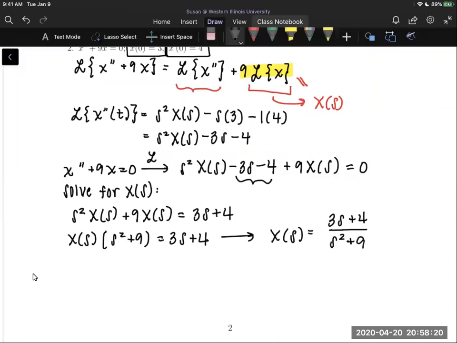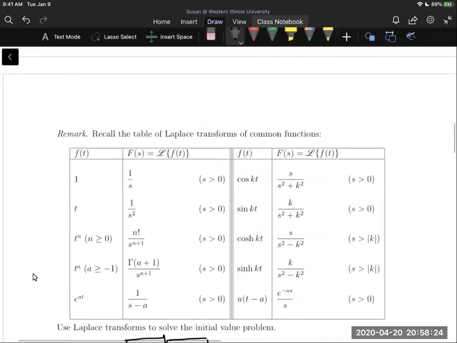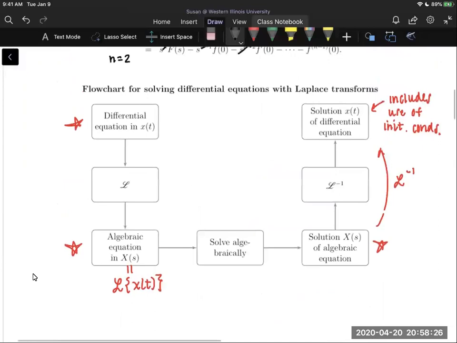So let's pause for a moment and reflect on where we are in the flow chart. If we refer back to the flow chart, we have applied the Laplace operator. We obtained an algebraic equation in X of s. We have solved algebraically, and we now have X of s equals a solution. All right, so since we had already applied the Laplace transform, we would like to undo it with the inverse transform.